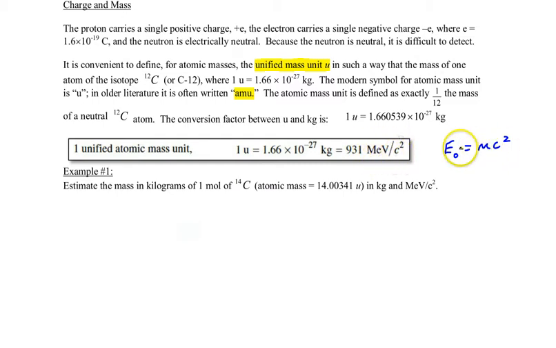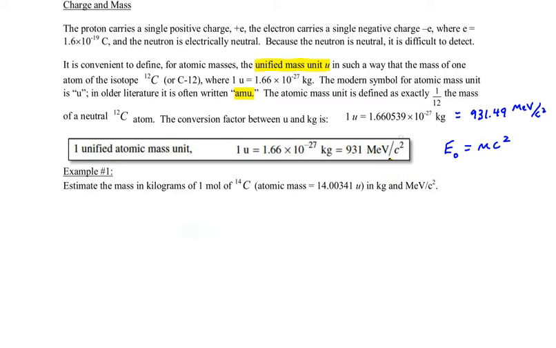When you plug it in, the c squared and the c squared will cancel out, and you're going to get your energy already written in mega electron volts. Technically this is 931.49 mega electron volts per c squared. Once again, on the AP formula sheet, they round it off. It may seem unusual, but these units of mega electron volts per c squared are really units of mass. Okay, let's go on to example 1.